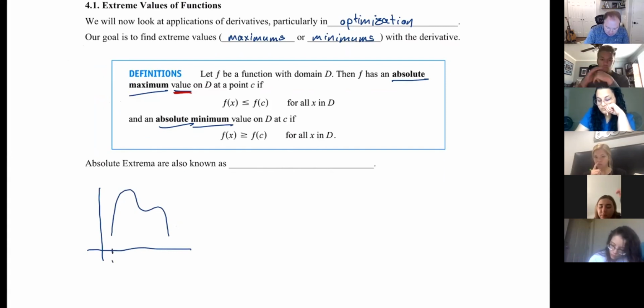But let's say it starts here at A, and let's say it even goes down a little bit farther right here at B. So what we're going to be looking at are the maximum values and the minimum values, but let's look at maybe right up here. This right here is a maximum value and let's say this right here is C. So this would be f of C, this y value, so the y value would be f of C. And that right there is the actual absolute maximum.